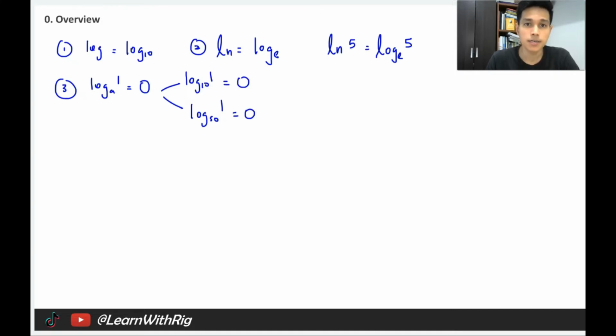It is fixed. You cannot change this. Whenever you see log 1, regardless of what the base number is, it equals 0.